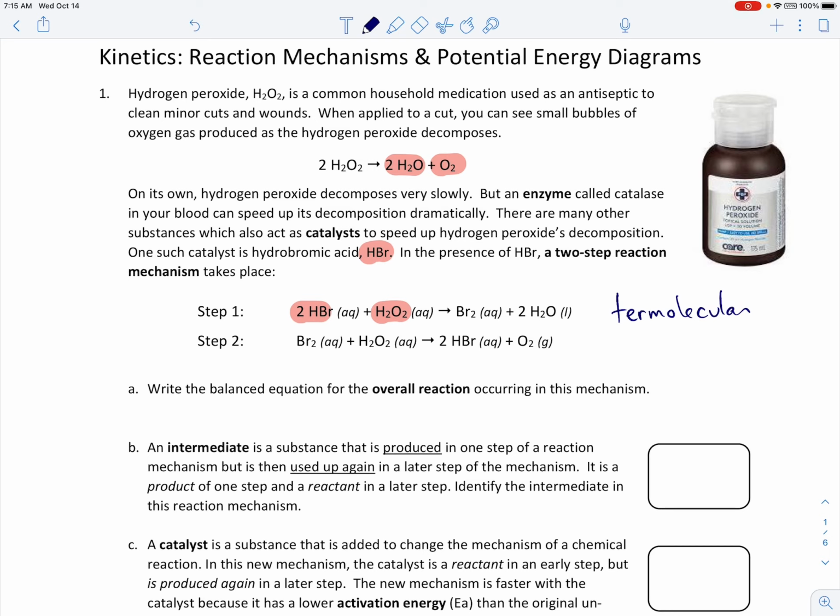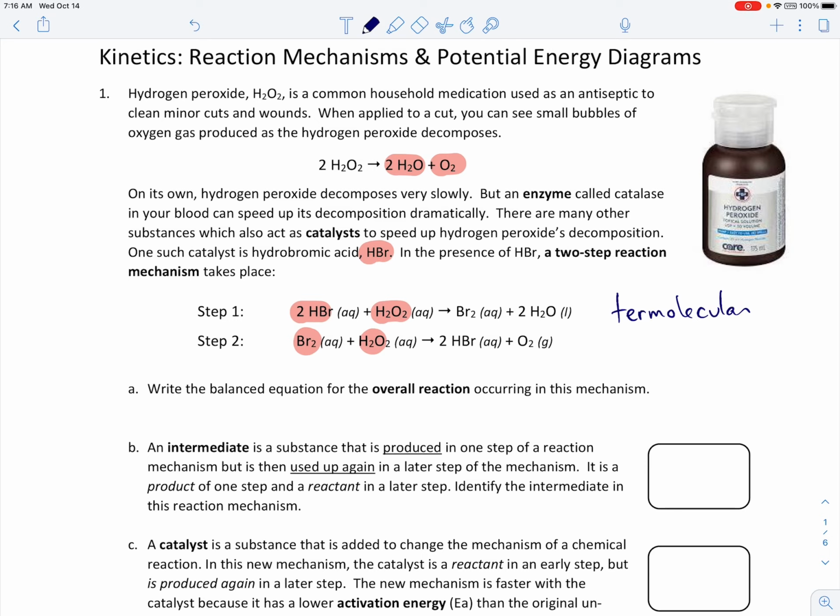In the second step, the bromine, which was produced in the first step, becomes a reactant in the second step, and it collides with another hydrogen peroxide molecule, and they form HBr again. Hey, that's the same catalyst that we began with, right? And oxygen.